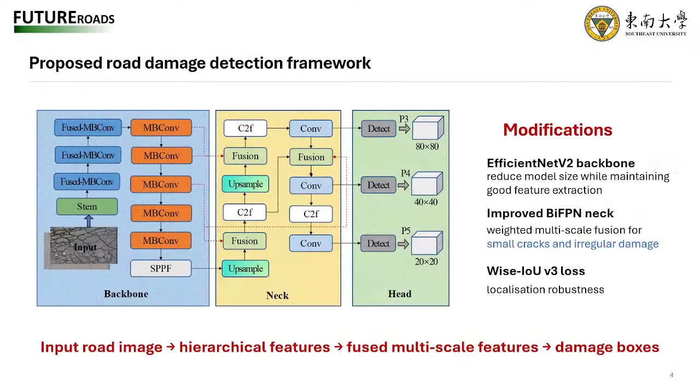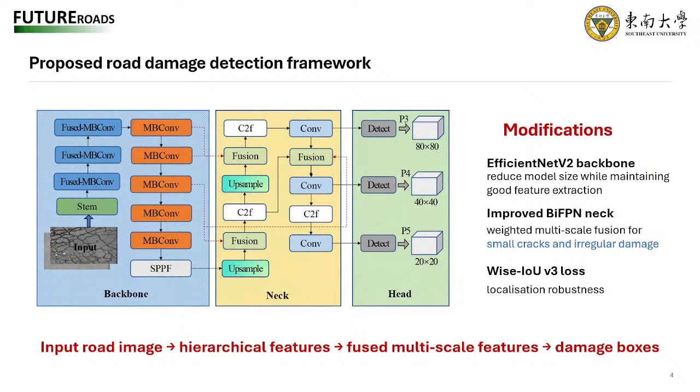The process is very straightforward. A road image is sent to the backbone, and then the neck combines features from different levels. Finally, the detection head identifies the damage types and the location of pavement defects. Here we have 3 improvements. Firstly, we use EfficientNetV2 as a backbone to reduce the model size.